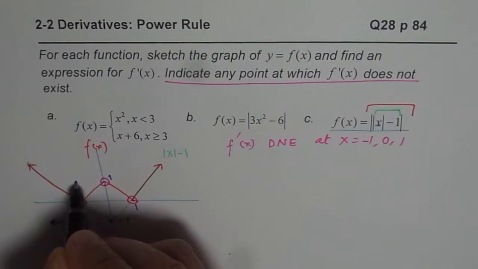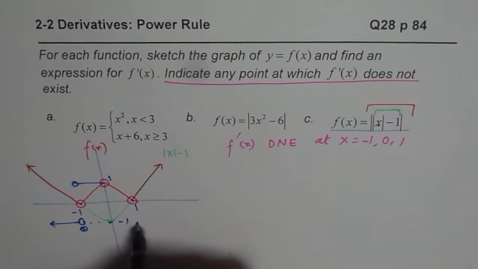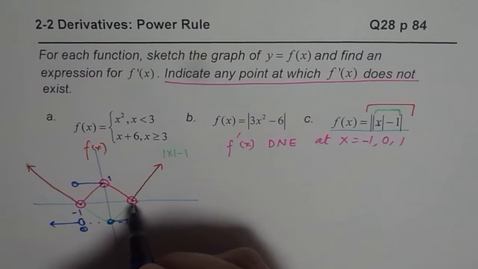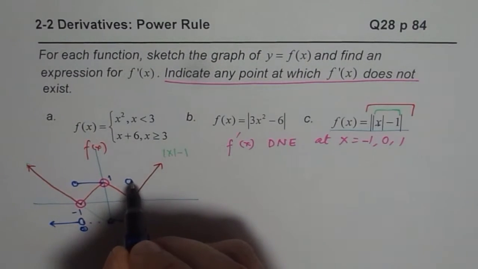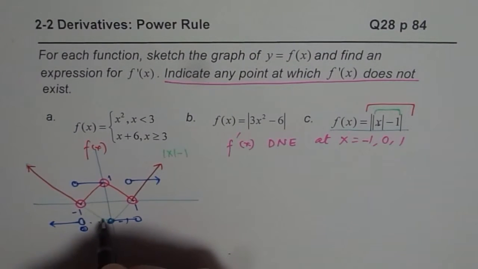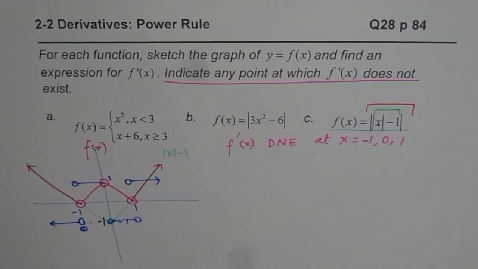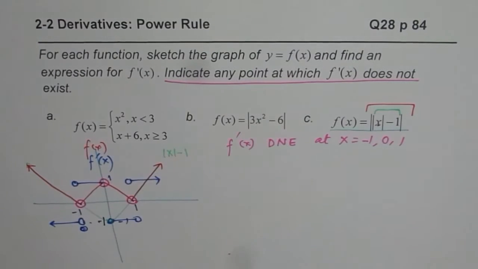So from this place we have positive 1 to this place. Thereafter it becomes again negative 1, so it will be negative 1 like this. And then from here it becomes positive 1. So that is how the graph of the derivative should be. The graph of f dash x is drawn in blue ink.